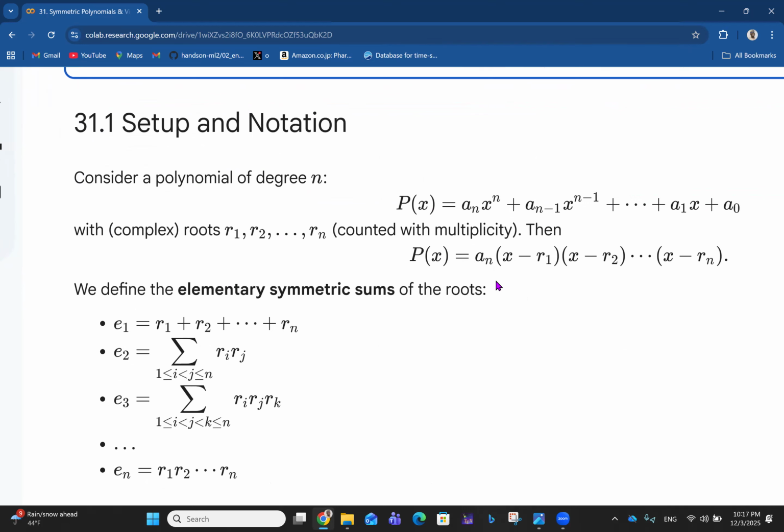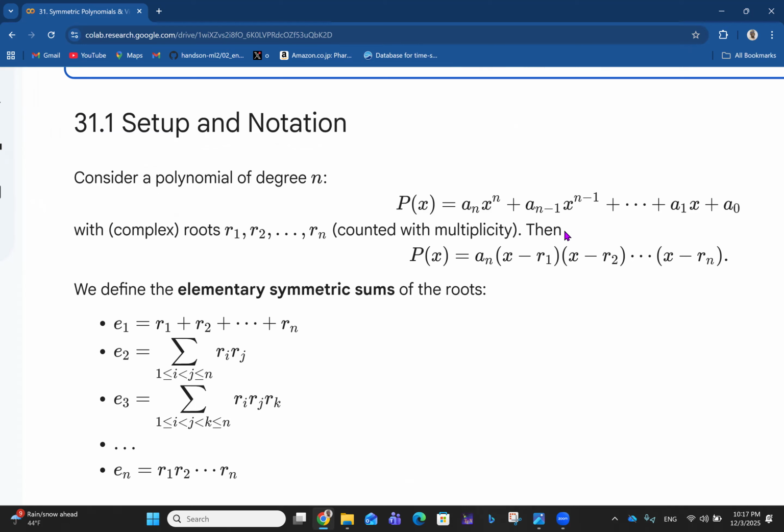In the last video, we considered the fundamental theorem of algebra, which tells us that a non-constant polynomial of degree n has exactly n complex roots counting multiplicity. Also noting that real roots are a subset of complex roots.